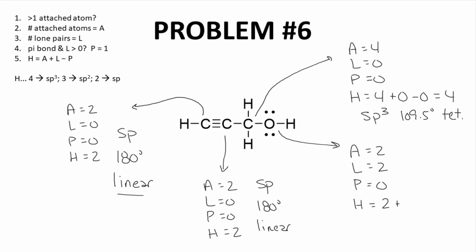H equals A plus L minus 0. That's 4, which gets us to sp3 hybridized. And we've seen it before: when it's sp3 hybridized with 2 attached atoms, we get 109.5, and there's that bent geometry I was looking for. Okay, but again, that table is incorrect. These are linear.